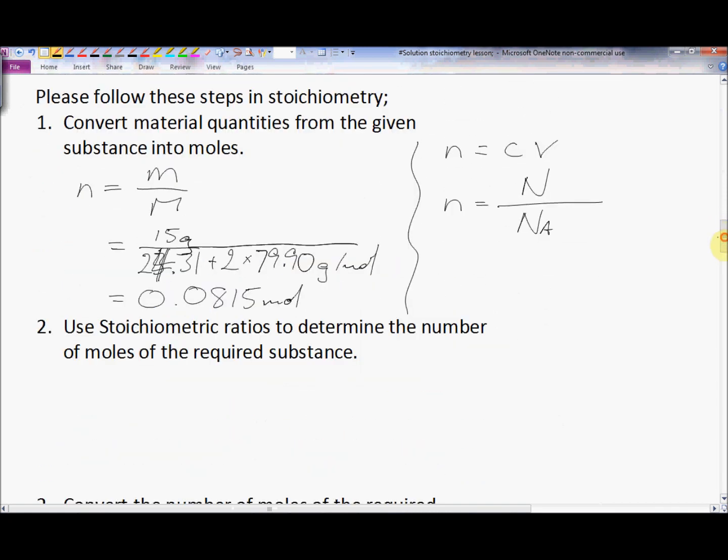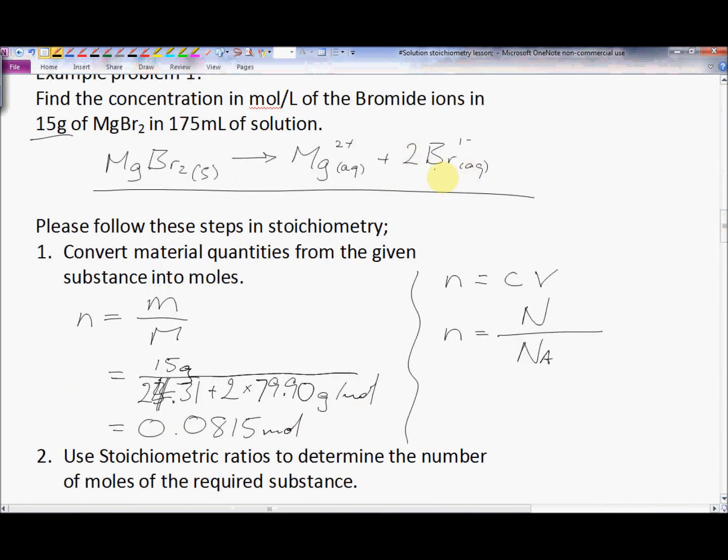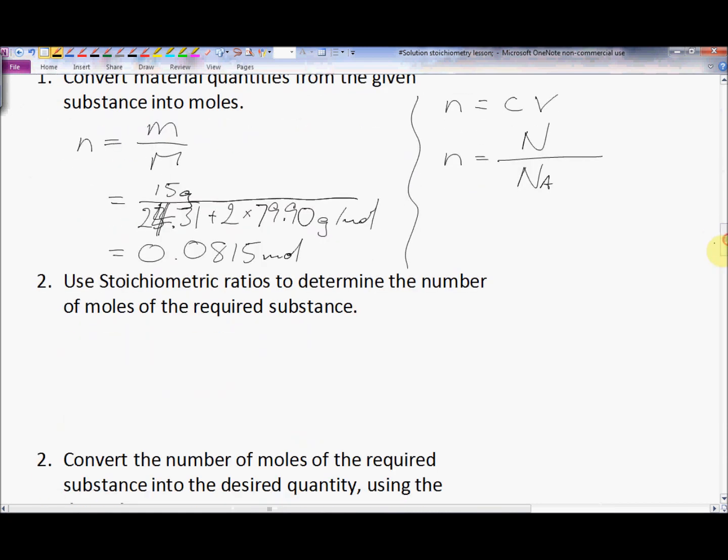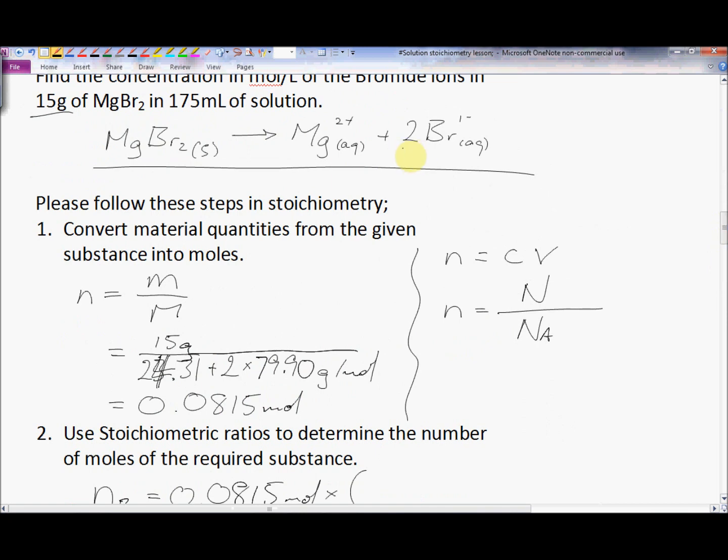On to step 2. Use stoichiometric ratios to determine the number of moles of the required substance. Okay, so the required substance in this case, we go up here, is the number of bromide ions. Okay, so we have 0.0815 moles, so the number of moles of bromide ions is going to be our number of moles of magnesium bromide times, using the stoichiometric ratio, 2 over 1.